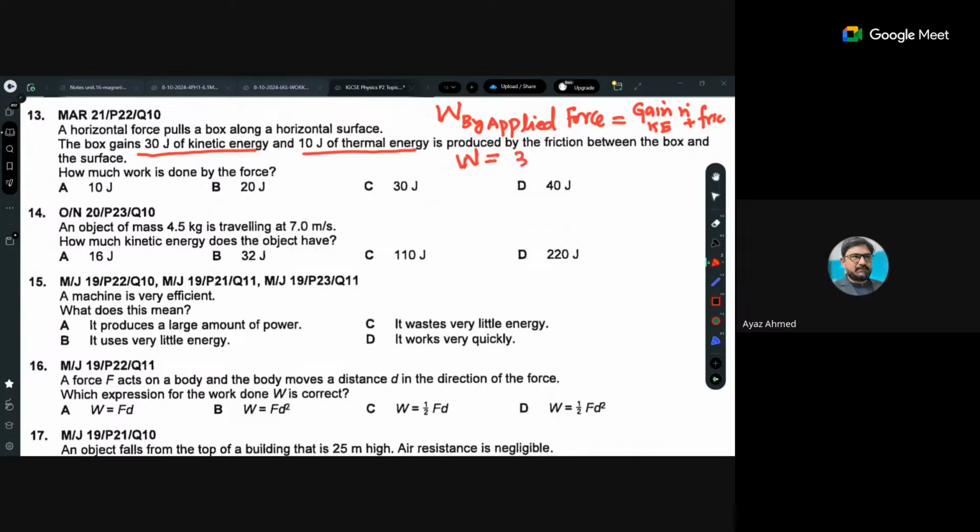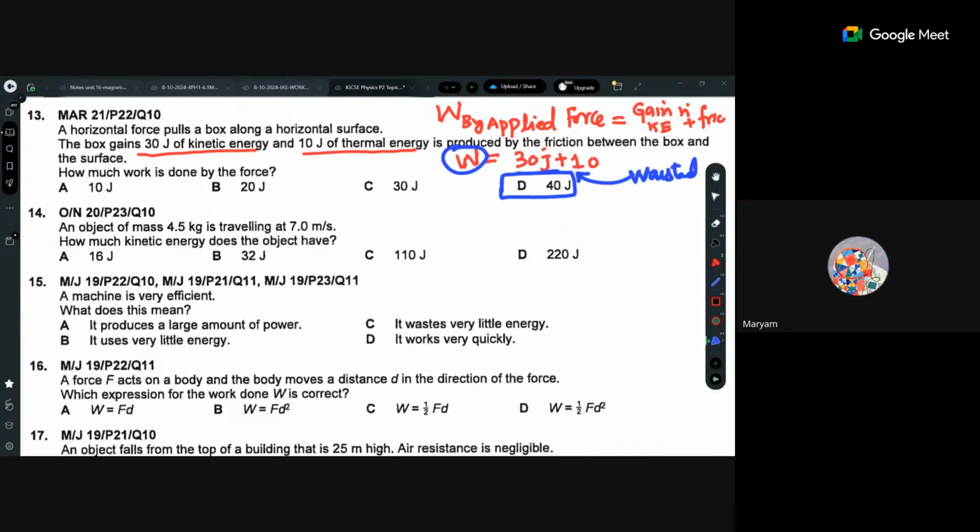So there is 30 joules of kinetic energy you got, and then 10 joules of thermal energy is produced. It means thermal energy has no other source, but some of the applied energy has been wasted, right? So this is basically wasted energy, 10 joules, and this is the useful output. So what is the total input then? Total input is 30 plus 10, which is equal to 40 joules.